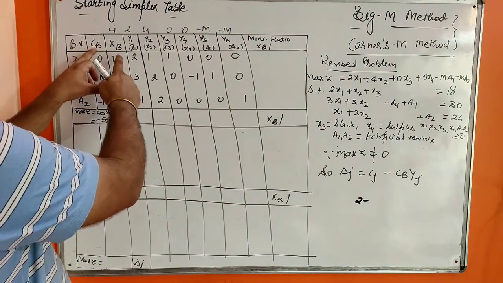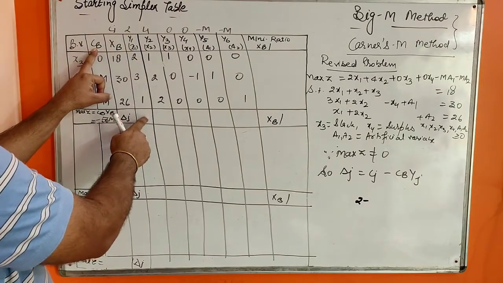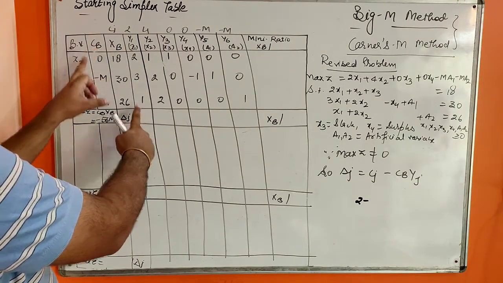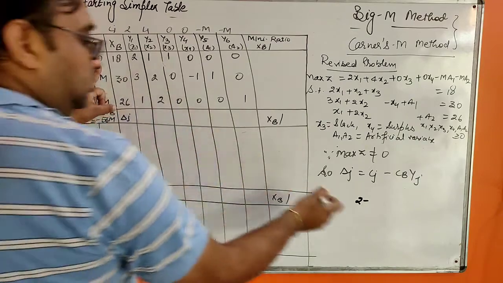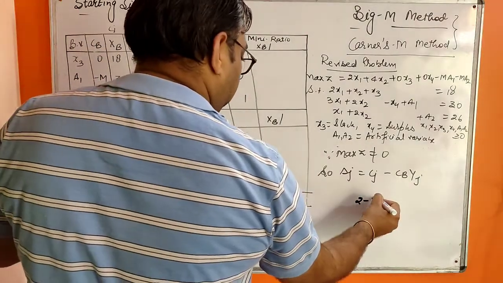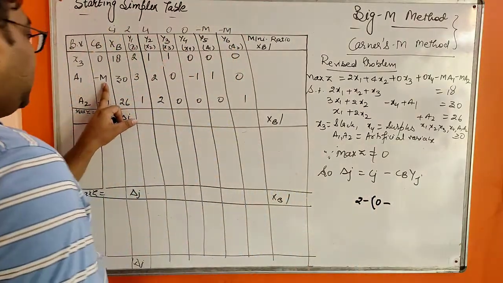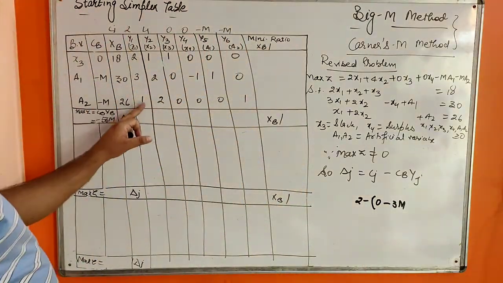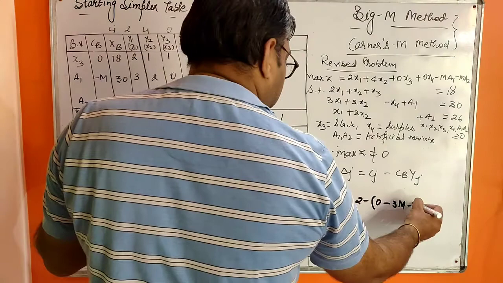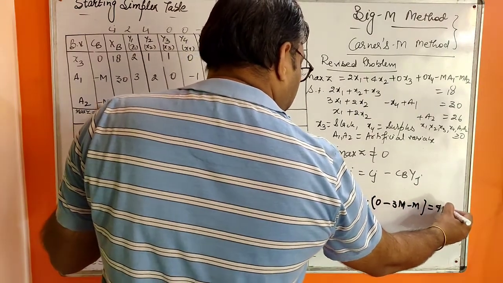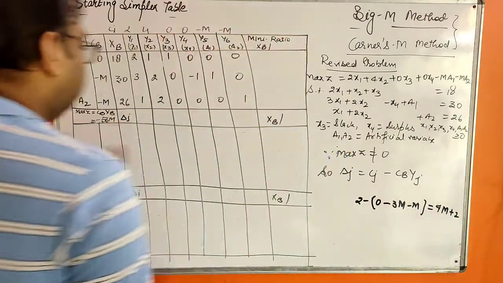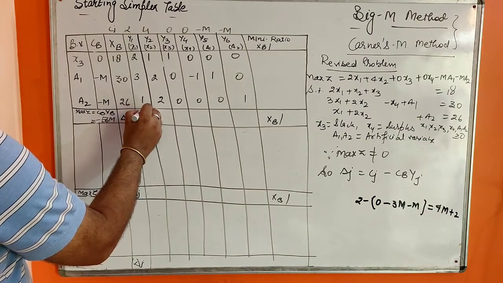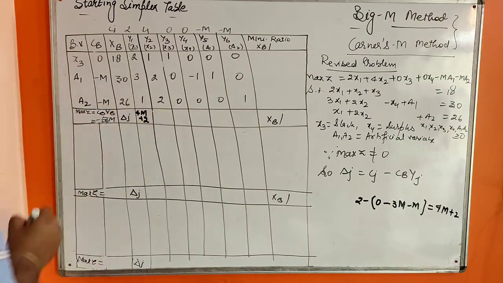This is Cb and this is Yj for this particular delta j. So 0 into 2, 0, minus 3 into m, that is minus 3m, plus 1 into minus m, that is minus m. So this will be 4m plus 2.